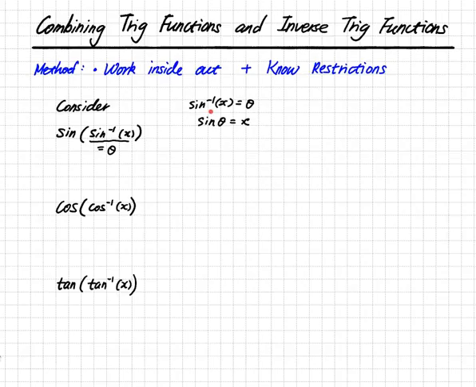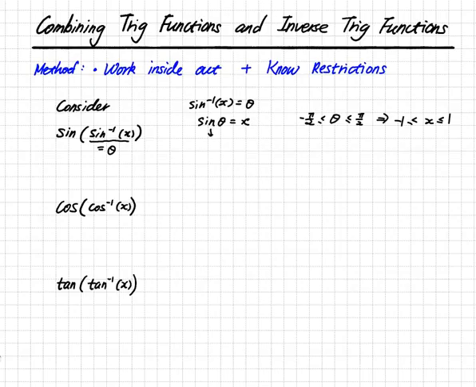In order for sine theta equal to x to have an inverse, there's a domain restriction, and the domain restriction for this is that the angle is between pi on 2 and negative pi on 2. Therefore, the range for this case is x between 1 and negative 1. So we clearly know x has to be between negative 1 and 1.